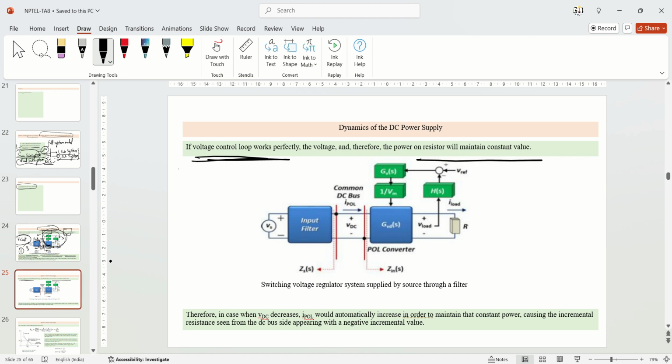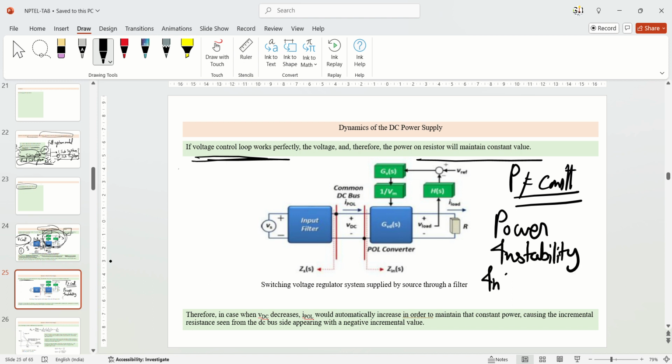So if the power is not maintained as a constant value, it will have certain power fluctuation, power instability if you can say, instability between the two systems.